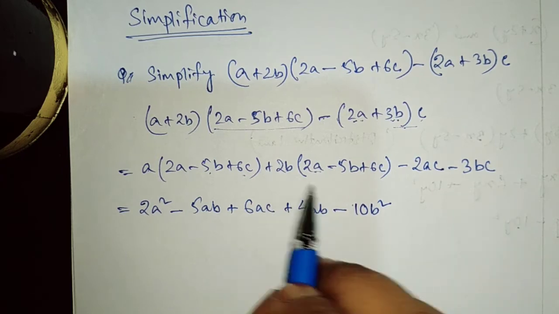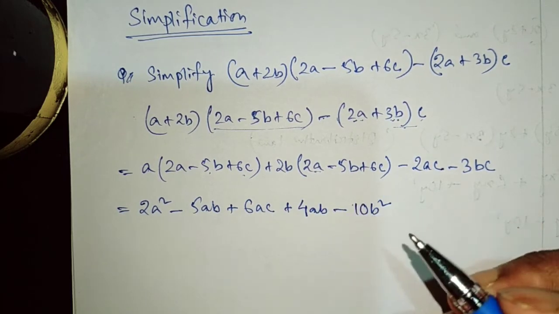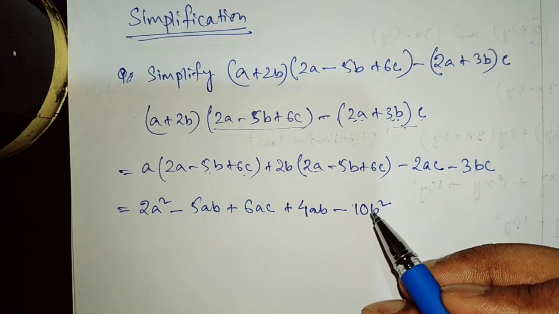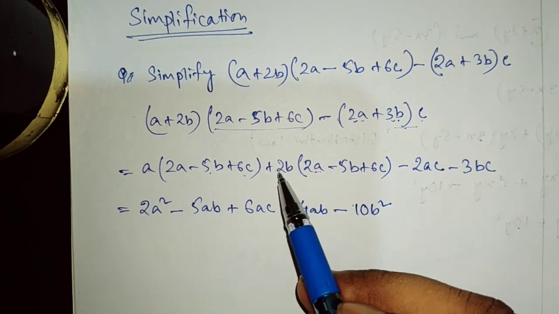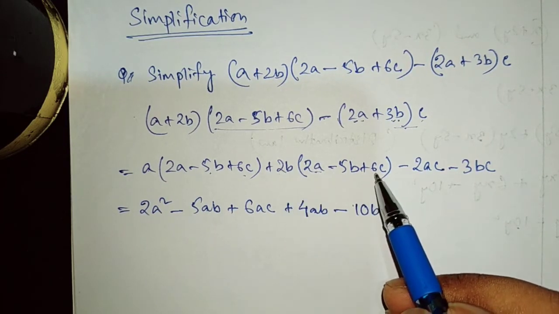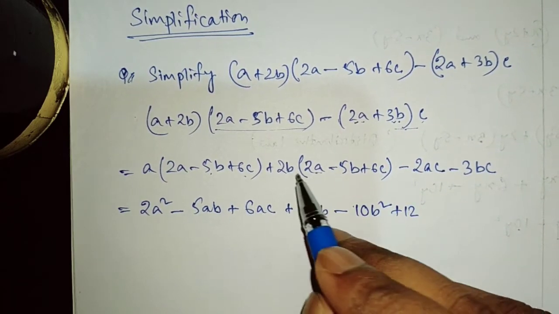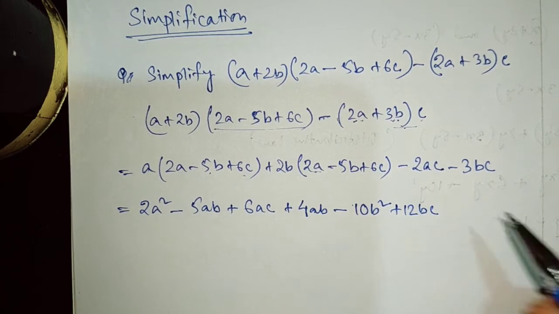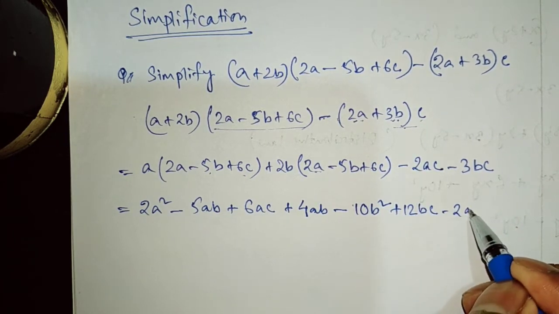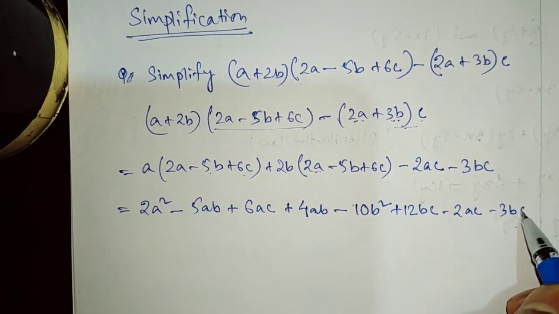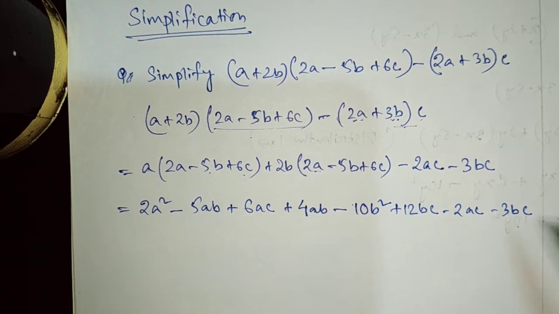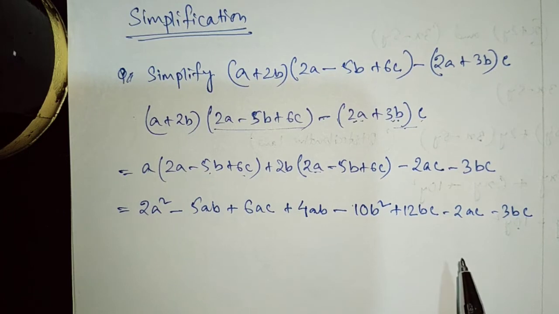Be very careful with that. If you need, you can write one more step. 2b into 6c, 2 sixes are 12, b into c will be bc, then minus 2ac minus 3bc. In this way we have broken all the terms.